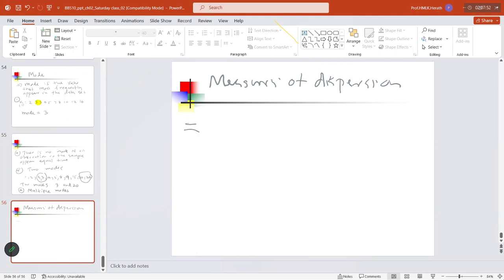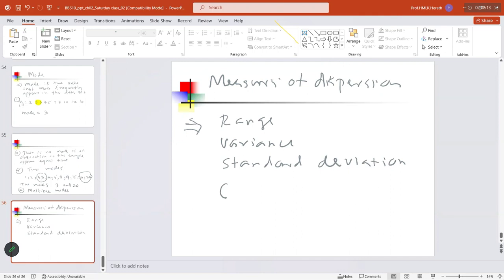The most commonly used measures of dispersion are range, variance, standard deviation, and coefficient of variation, CV. So we'll be talking about these under measures of dispersion.